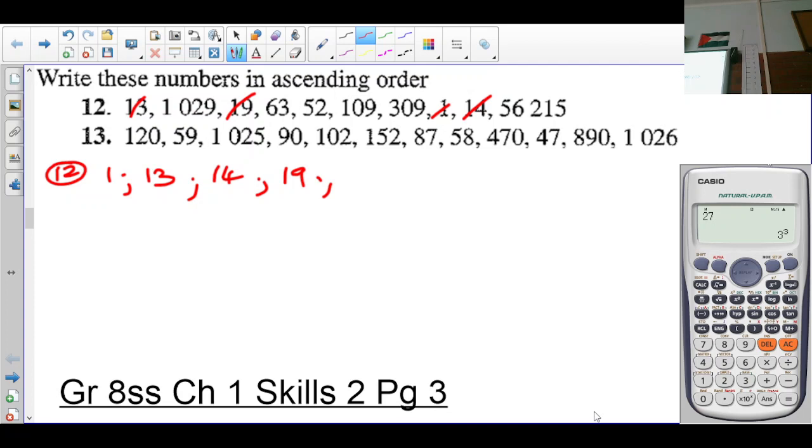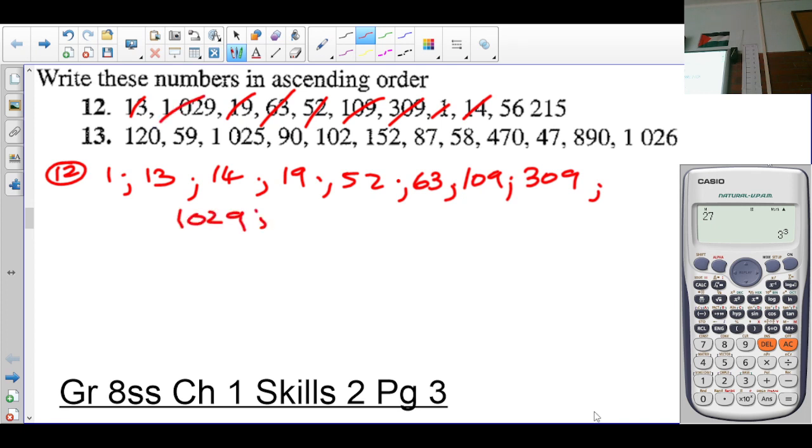Followed by? 52. Then? 63. Then? 109. Then? 309. Then? 1029. Then? 46,215. Okay. You all agree with that?